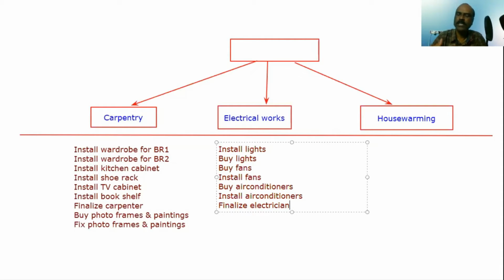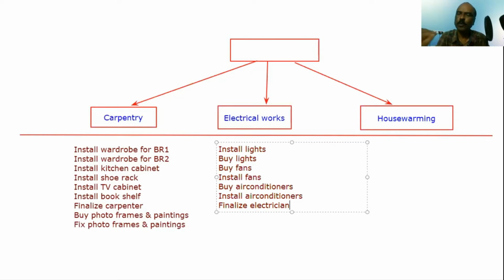Right? Let's say all these things I need to do. Now, these are considered as activities. Whereas carpentry is a work package, all the items I have listed, each of them is considered as an activity. That is what we are trying to do now. We are going into details.